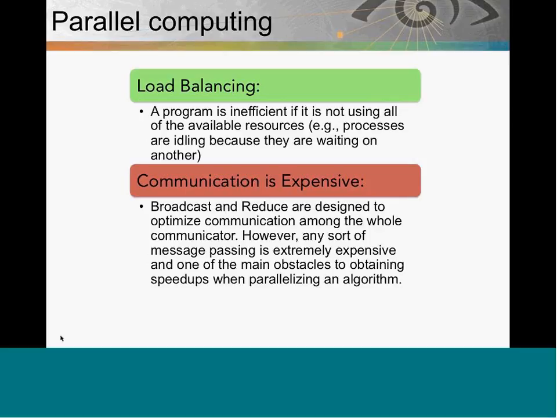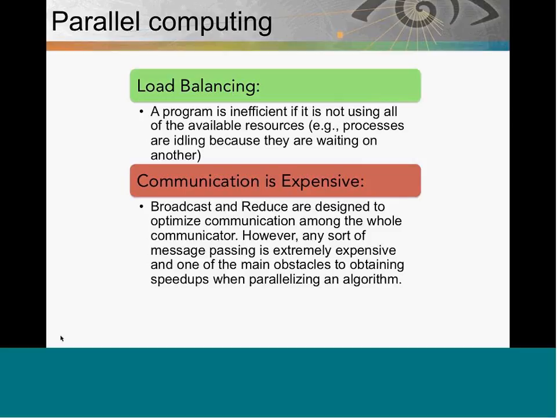Keep in mind that communication is expensive. When you do the cast or reduce, as I mentioned in my example, reduce needs to get the results from all the ranks. That means it has to get the data from different nodes. It has to go through the interconnect to get the data, and it is expensive.